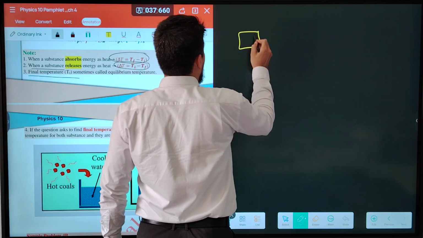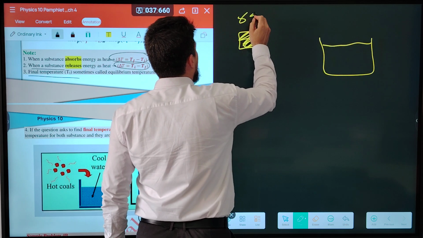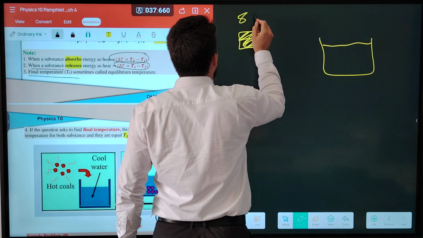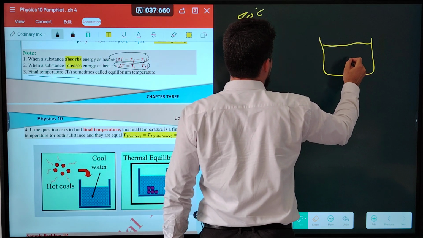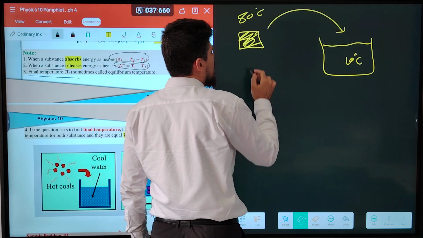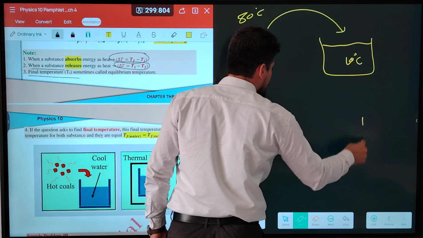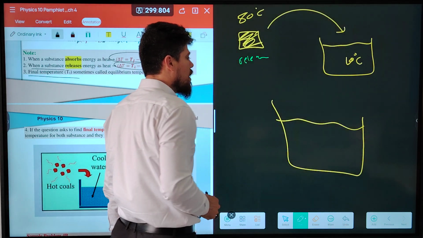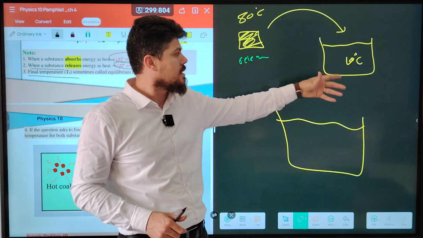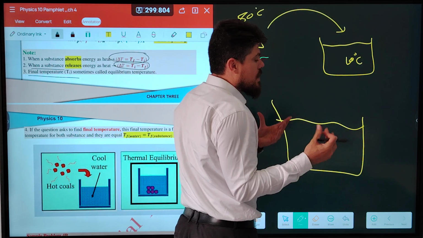For example, if we put a piece of metal at 80 Celsius into a beaker of water, and the water is 10 Celsius, this one releases and this one absorbs. After physical contact, after a while, after all the energy released by the hotter object, both substances reach the same temperature.